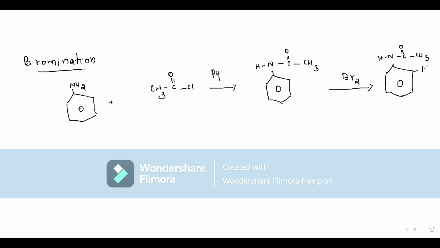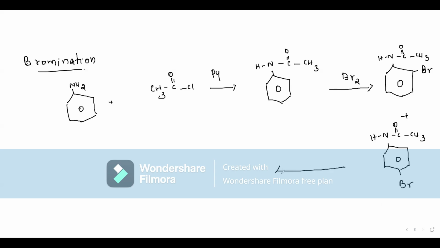You will get a mixture of orthobromo acetanilide, as well as you will get parabromo acetanilide. So you are getting a mixture of orthobromo acetanilide and parabromo acetanilide.